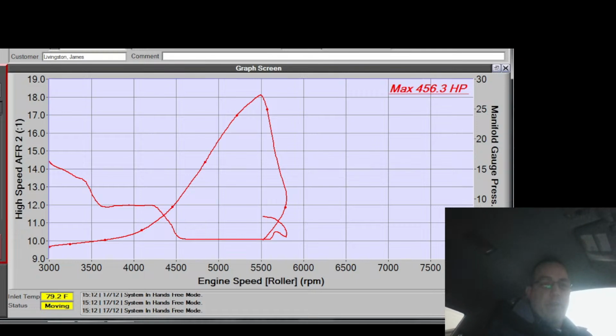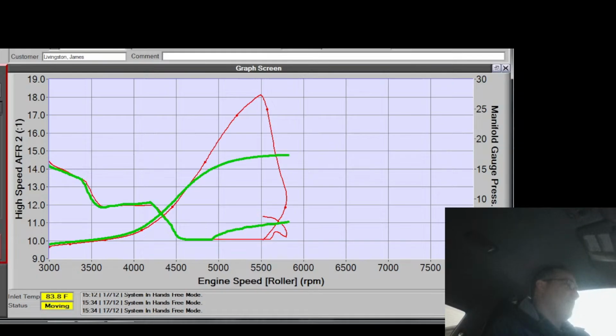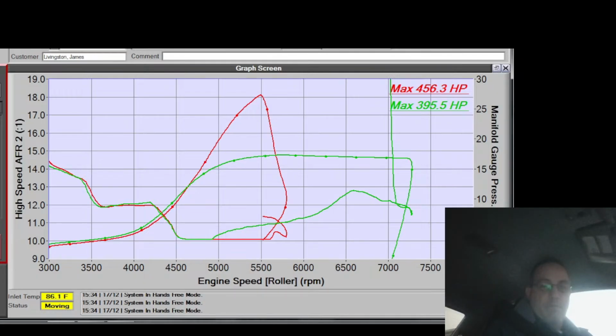Okay, so we're going to pull here. Hopefully the boost is something less than 30. Hey, look at that. Got lean up top, though.